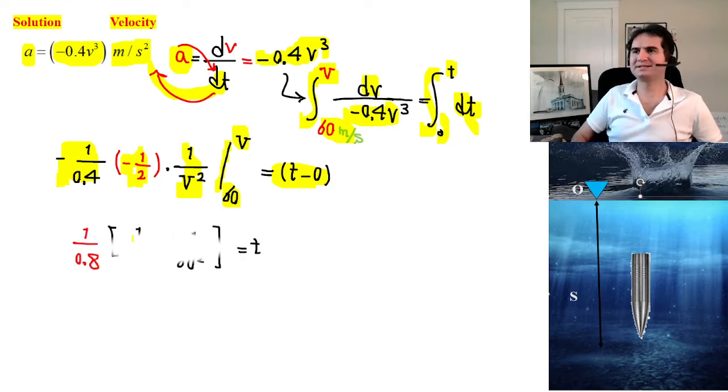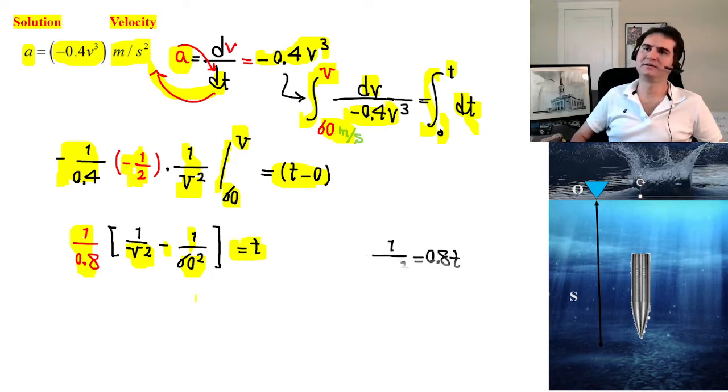If you replace that in the equation, it gives you 0.8 times 1 over v squared minus 1 over 60 squared, which is the initial velocity when you fire the bullet, equal to t.